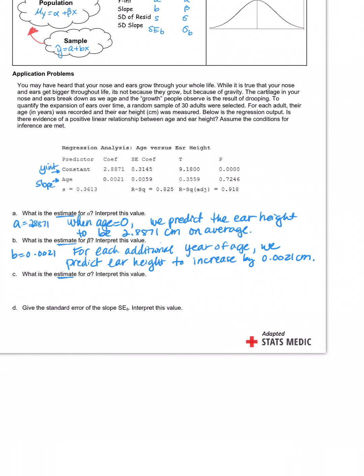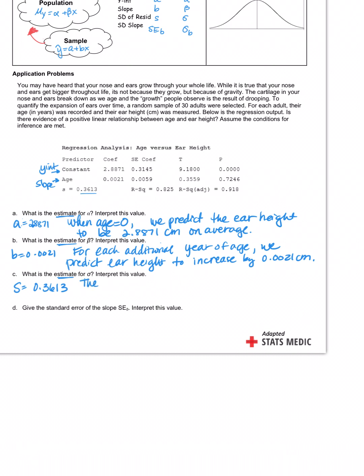Okay, now estimate for sigma. What does sigma represent? How's it represented in my table up here? S. And where's S? Right there at the bottom, 0.3613. Remember, S stands for the standard deviation of the residuals. And when we interpret that, we start with our actual response variable, which was ear height.